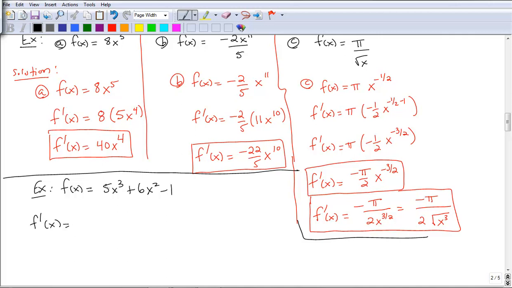The 5 is a constant there. The derivative of x cubed is 3x squared. The 6 is a constant there. The derivative of x squared is 2x. The negative 1 has no x's by it, so the derivative of negative 1 is 0. So this works out to be 15x squared plus 12x.